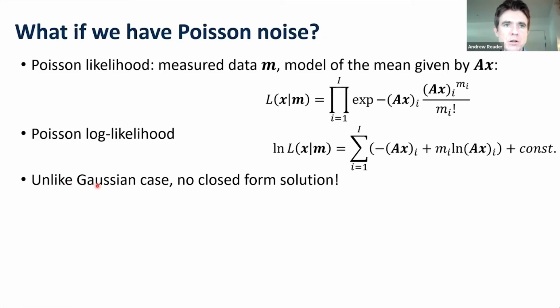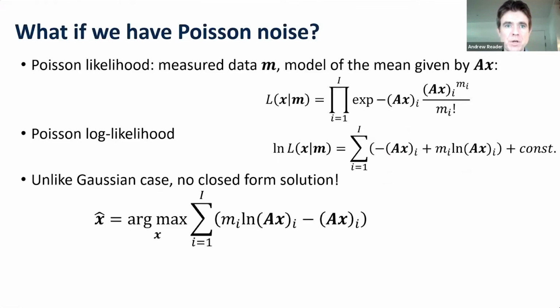But first of all, unlike the Gaussian case, remember the Gaussian case, we could solve, even though we had to do it iteratively, in principle you could solve it directly. This, you can't solve directly. So you're already forced into iterative methods. And so what we're looking for then is an algorithm that will find an image x, which when forward modeled, and you take the logarithm, multiply it by the measured data and subtract off the model, will give a maximum of this Poisson log likelihood.